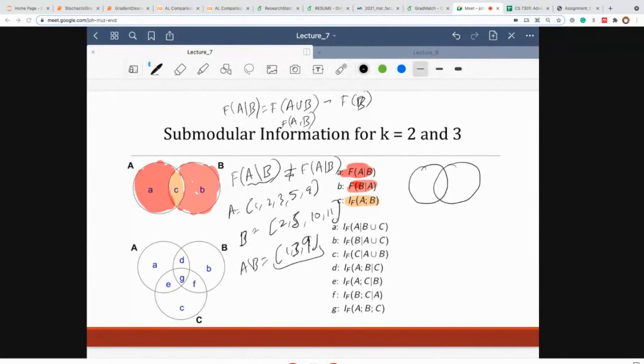Basically f of A minus B would be f of 1, 3, 9.